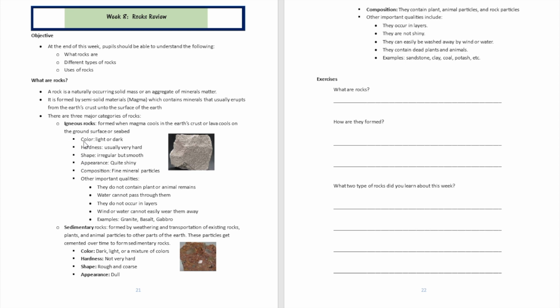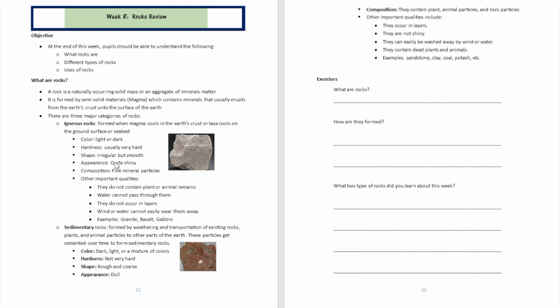But let's look at the first 2 categories right now, starting with igneous rocks. Igneous rocks are formed when magma cools in the Earth's crust or when lava cools on the ground surface or the seabed. Typically igneous rocks are going to be light or dark in color. They are usually very hard.